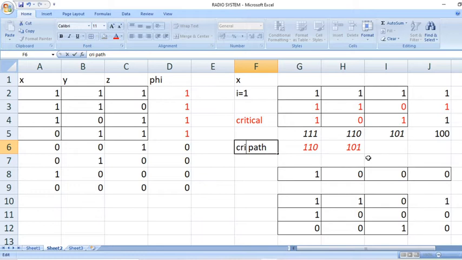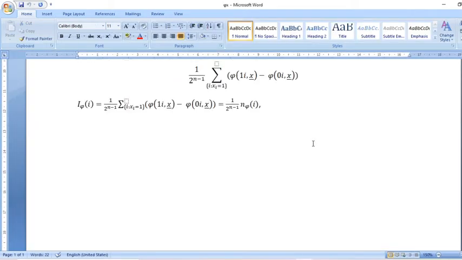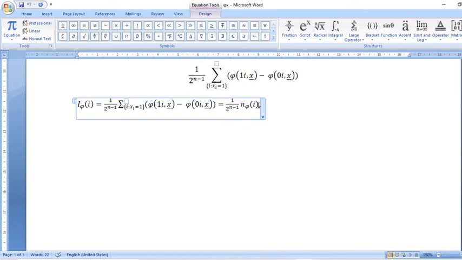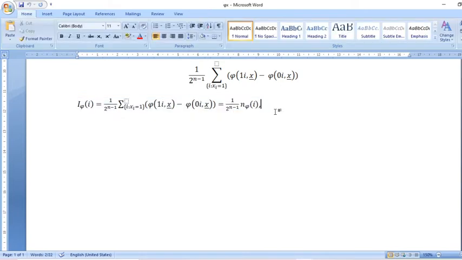And so our equation is, what is the equation for finding component importance? I think we have studied it in the last class. Yes, this is the equation. In our case, this is exactly the number of critical vectors divided by 2 raised to n minus 1.